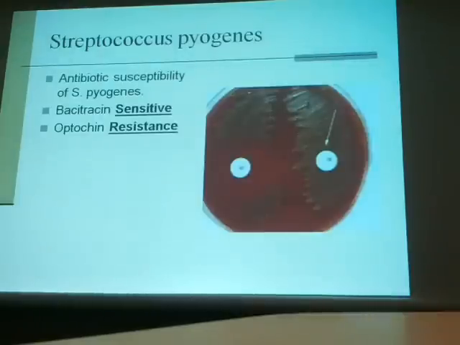If it's resistant, we have growth around the disc. So beta hemolytic Streptococcus group A is bacitracin sensitive. Any questions about Streptococcus pyogenes?